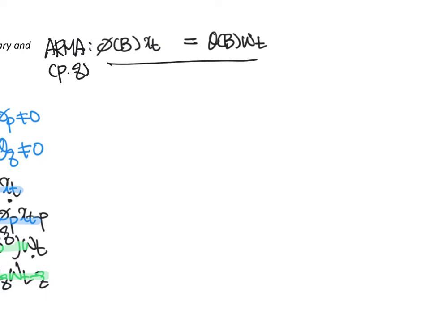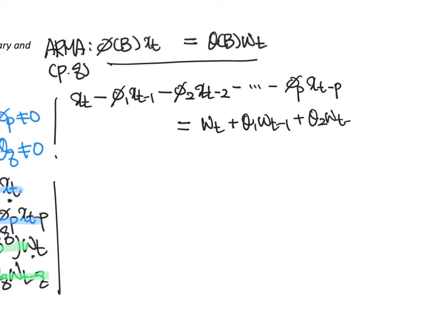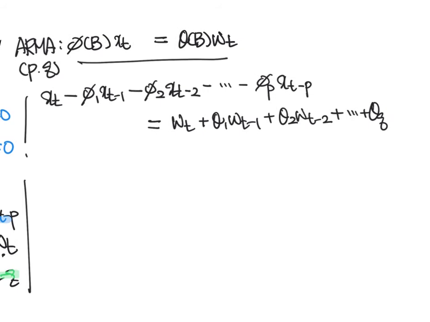Then this will be x t minus phi 1 x t minus 1 minus phi 2 x t minus 2, up to phi p x t minus p, is equal to w t plus theta 1 w t minus 1 plus theta 2 w t minus 2, until theta q w t minus q.